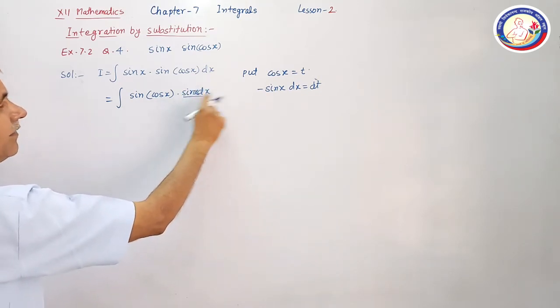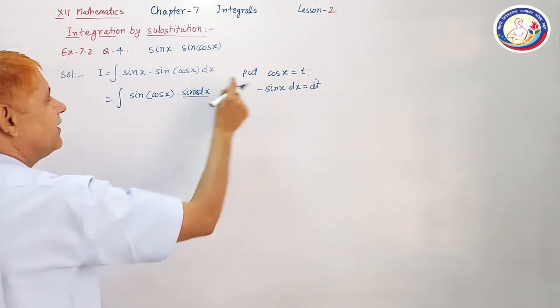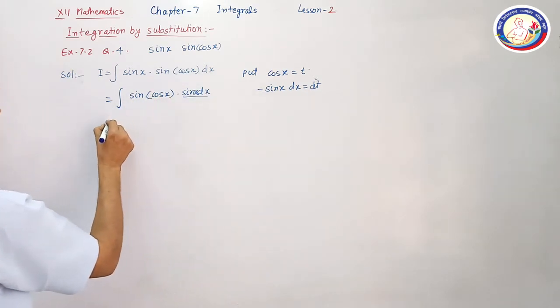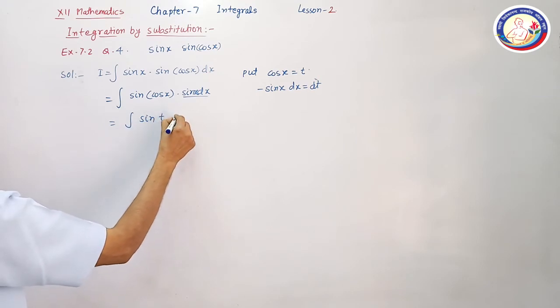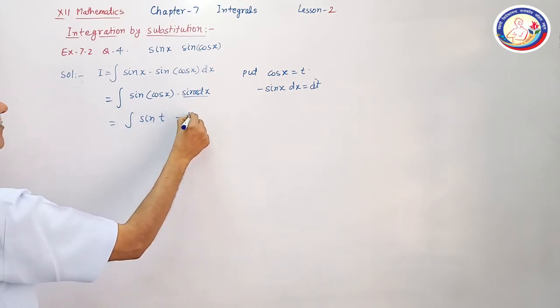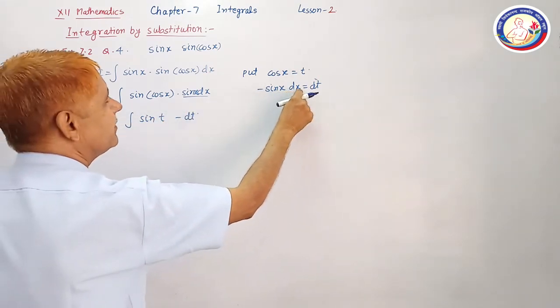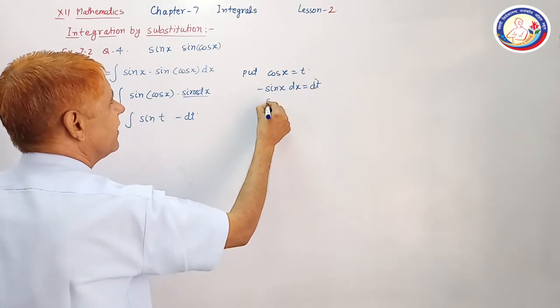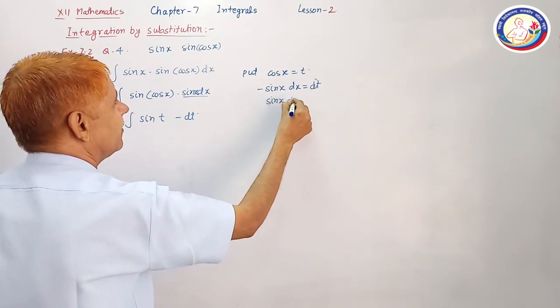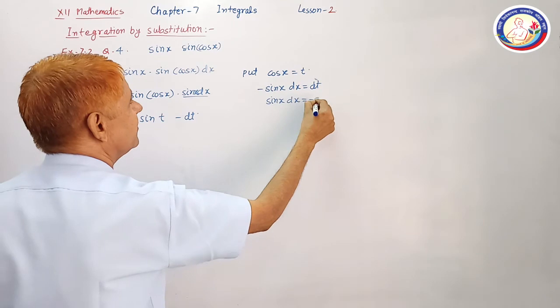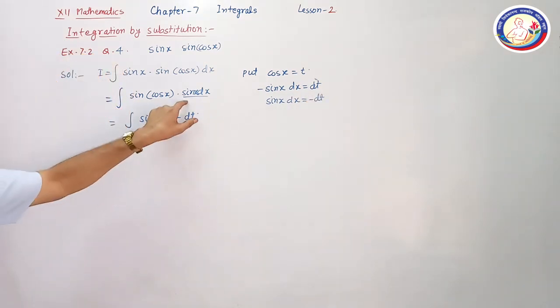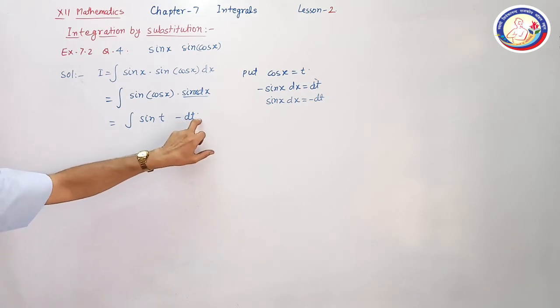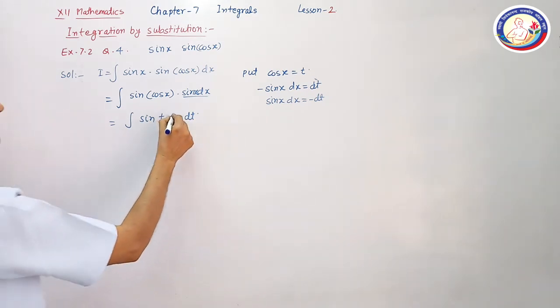Because minus sin x dx equal to dt, sin x dx will be minus dt. So I have replaced sin x dx by minus dt.